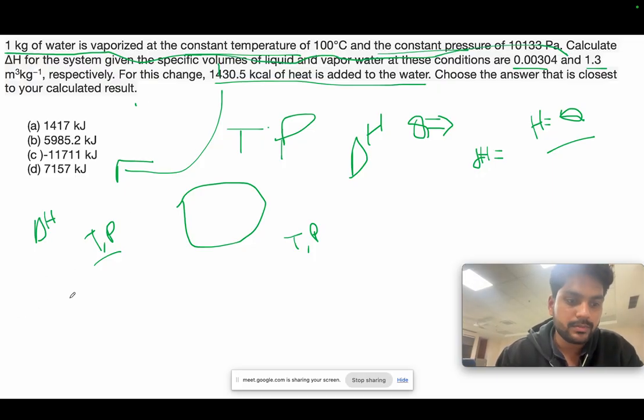Now you can write delta H equal to U plus PV.